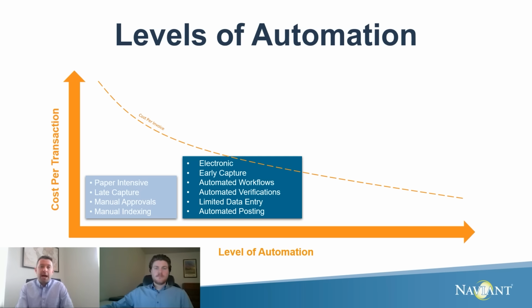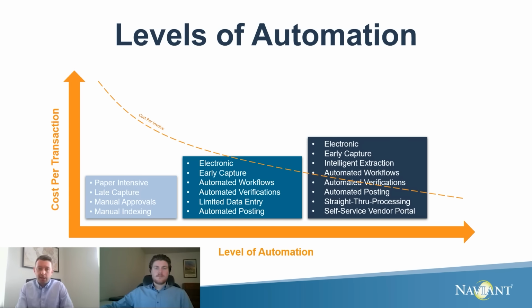And as we progress to higher levels of automation, this is where we typically see more advanced automation tools like intelligent data extraction and intelligent data processing for the extraction of that invoice line item detail, because that's the information that unlocks the ability to do straight through processing, which takes our invoice handling to more of an invoice exception handling when we talk about approvals.